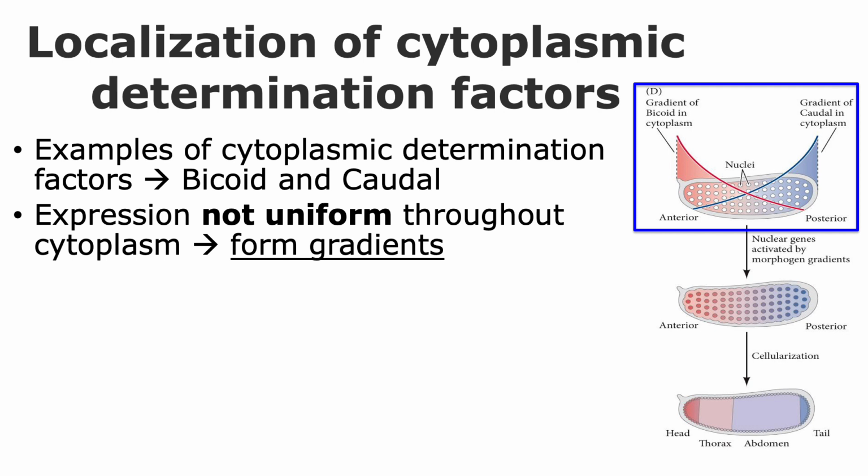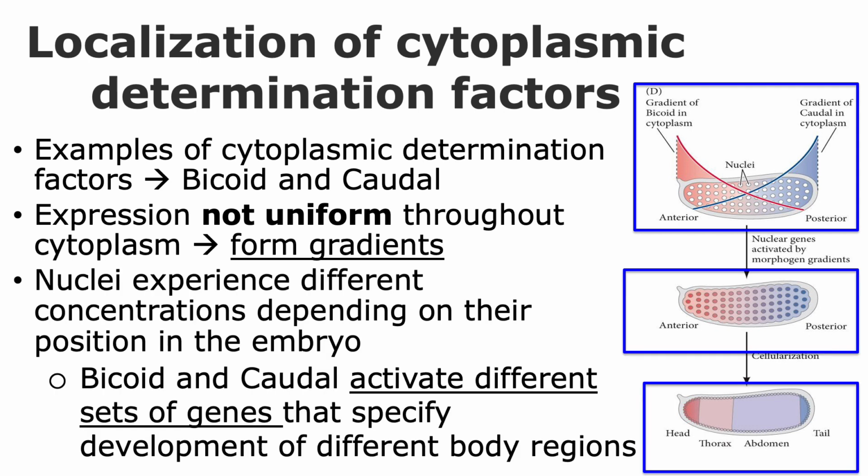In the case of caudal, the opposite trend is observed. We have less caudal in the anterior part of the syncytium. However, as we move towards the posterior part, more and more caudal can be observed. Thus, these two cytoplasmic determination factors form gradients.